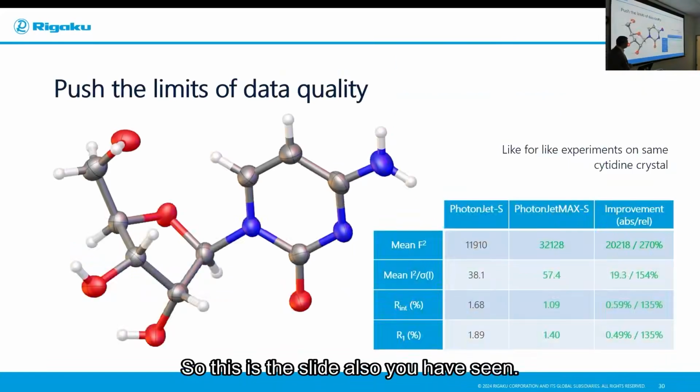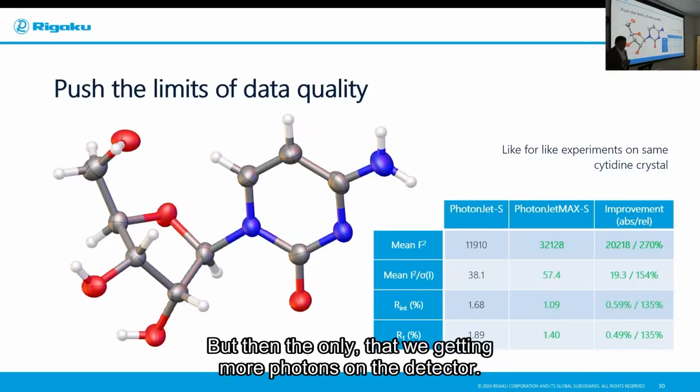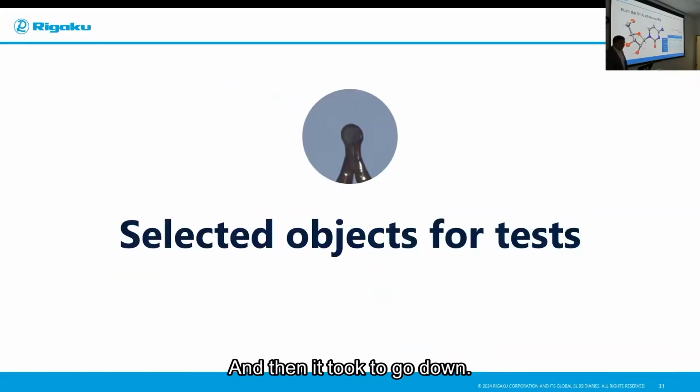This is the slide you have also seen. Basically we checked using a standard crystal, and not only that, we are getting more photons on the detector, and that is what always matters. That of course means more background, more other things. So the signal to noise is proportional, and then it trickles down.